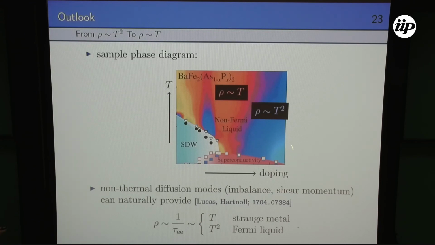And so now we happily get T squared and T coming from one mechanism. This is, of course, quite speculative, but I would just like to point out that these new hydrodynamic theories are not only valid in the Fermi liquid, but in principle would also be valid here. All right, thanks.